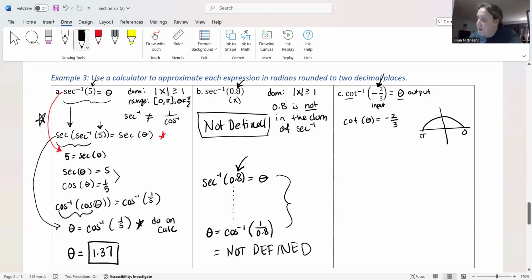Well, cotangent is positive in quadrant 1 and it is negative in quadrant 2. So I need to build a triangle. So I need to basically draw some angle that would end up having this ratio of -2/3 for cotangent. And this angle slash triangle need to live in quadrant 2.